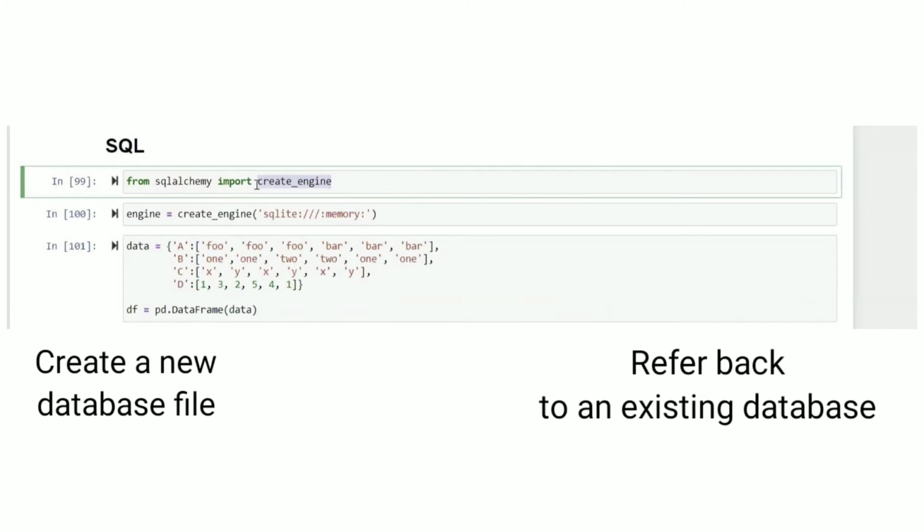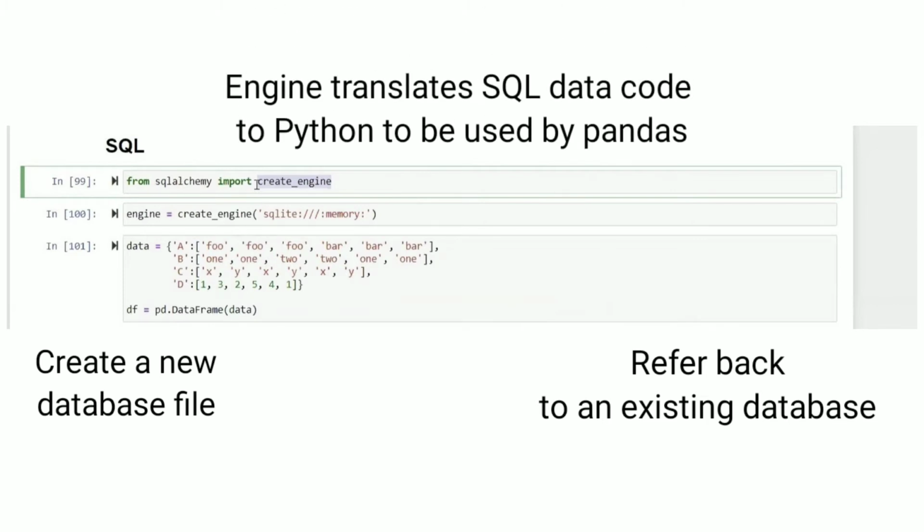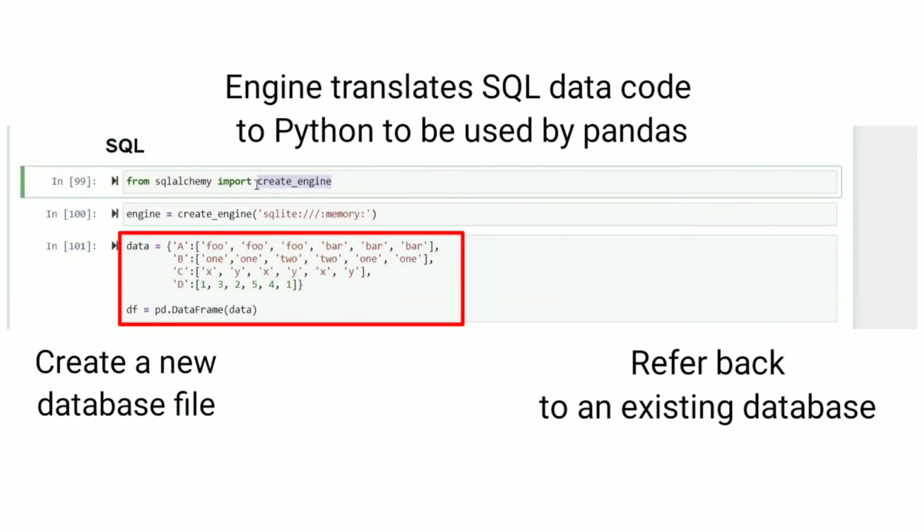Now, this engine is what allows the SQL structure code to be translated into Python, and then that can be attributed into something that pandas can understand. So I can create a simple dictionary here with values from A to D as my keys, and each key has a list of other values.